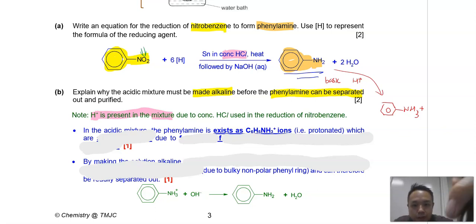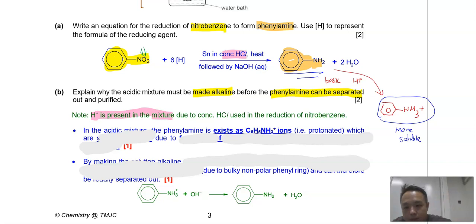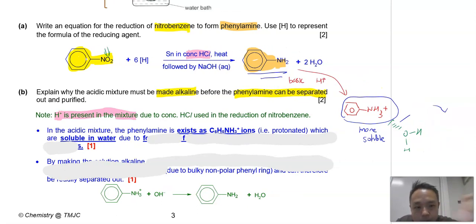And this protonated form, because of it existing as ions, is going to be more soluble in water. Because why? Because once you have ions, what kind of interaction can we form with water molecules? Alright, yes, you're right. This is your ion-dipole interaction.